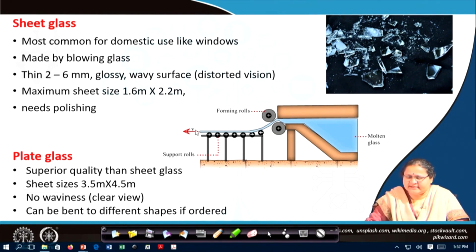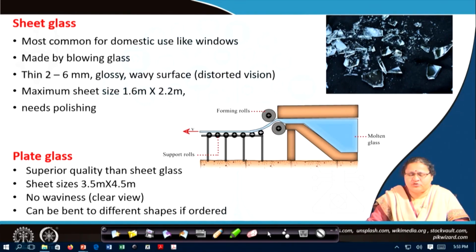Now, here you see it is molten glass, and this molten glass is full to the brim, as if it is coming out and forming this sheet. So, here you can limit the sheet size up to 4.5 meters and there is no waviness formed.